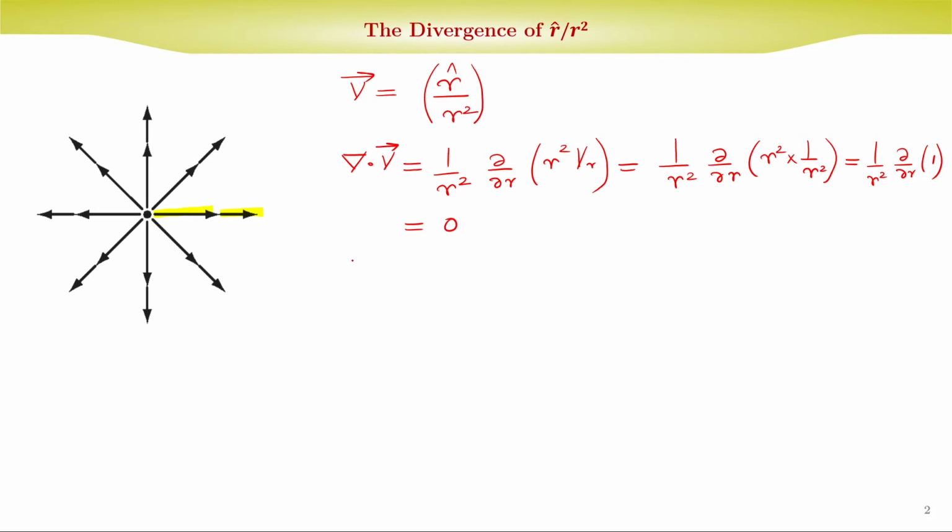And the plot thickens when we apply the divergence theorem. According to the divergence theorem, we have the volume integral of del dot v d tau equal to the surface integral of v dot dA.